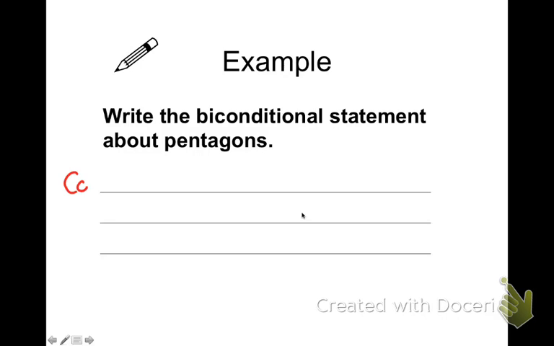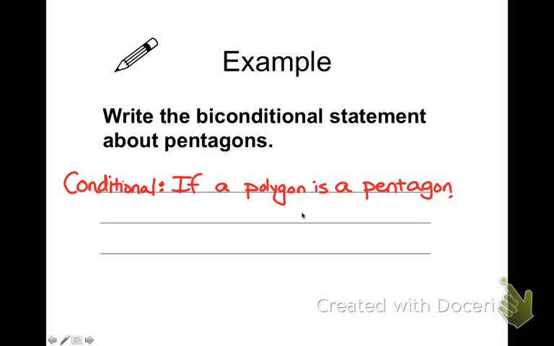Perfect. All right, so our conditional statement is if a polygon is a pentagon, comma, then it has 5 sides.